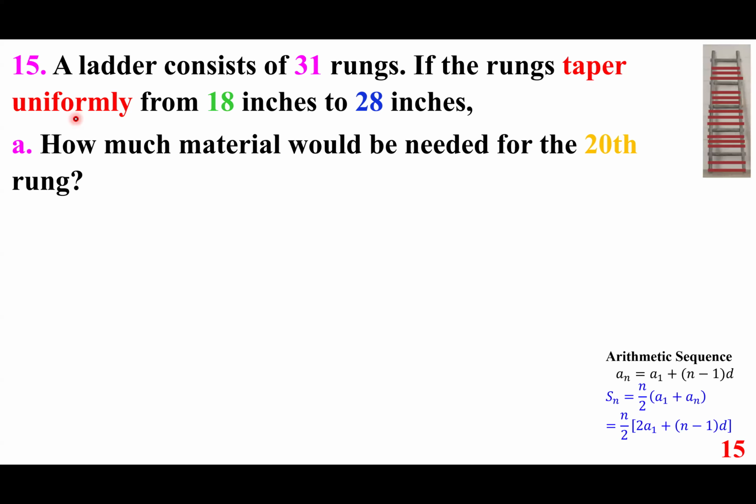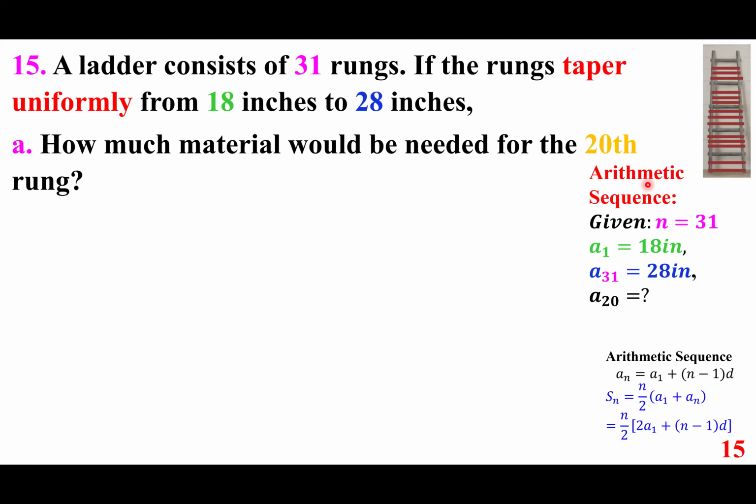So having said that, what do we have? We use an arithmetic sequence. N is 31, A1 is 18, A31 is 28, and what is A20? So we need to figure out how to solve this.